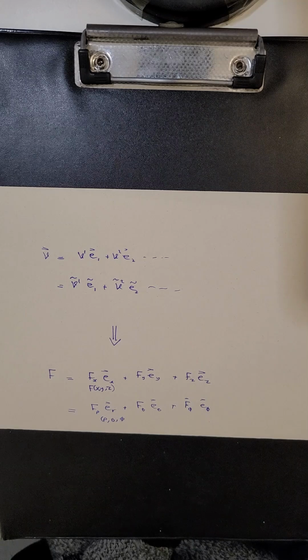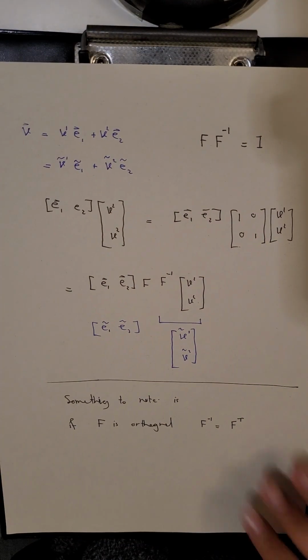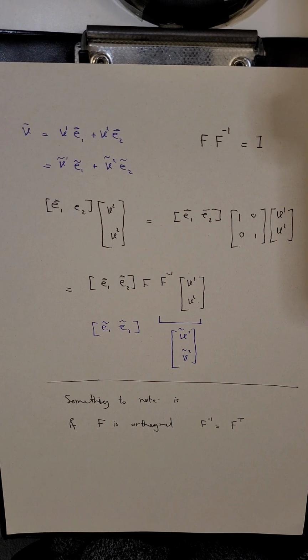Something to keep in mind is that when you're dealing with orthogonal matrices, the inverse of your matrix is the transpose. And we're going to observe this as we work through our problem today.